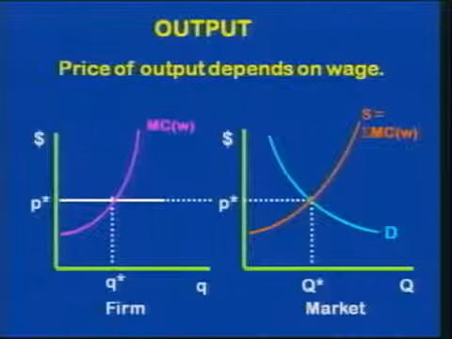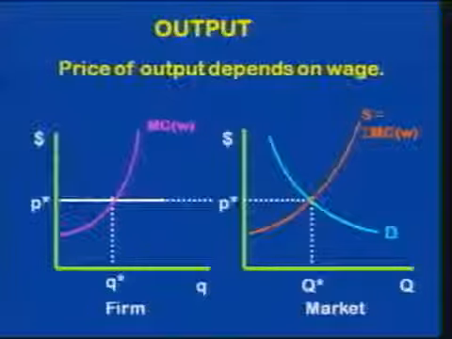And what I've just shown here is an equilibrium in the output market given a particular wage rate, and I previously showed an equilibrium in an input market given a particular price. But how do we know that the equilibrium price here is the same price that gives the equilibrium in the input market?